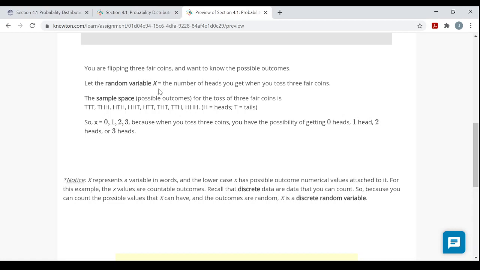So the different possible values of this variable X are represented by little x, could be 0, 1, 2, or 3. Again, because when you toss 3 coins, you have the possibility of getting 0 heads, 1 head, 2 heads, or 3 heads. Right.